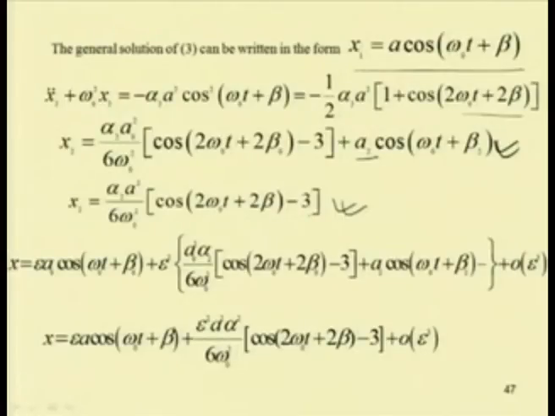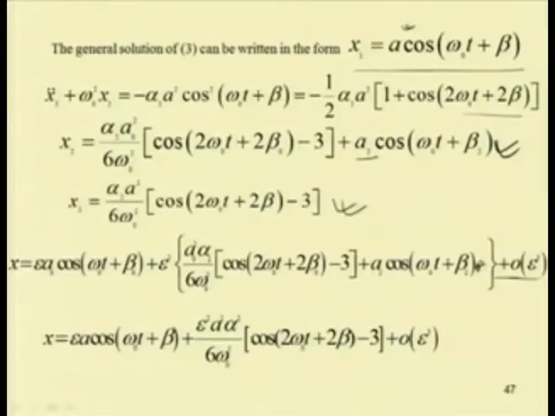So, in the final stage one can find A and beta, or in the first stage, after finding this, one can substitute it in this equation and obtain the final expression for x in this form: epsilon A0 cos(omega0 t plus beta0) plus epsilon square alpha2 A0 square by 6 omega0 square cos(2 omega0 t plus 2 beta0) minus 3, plus A2 cos(omega0 t plus beta2).